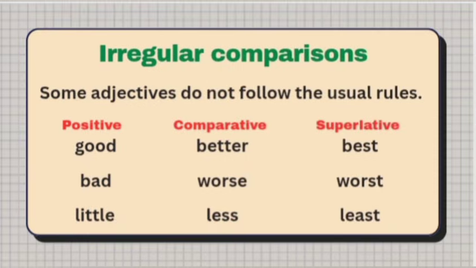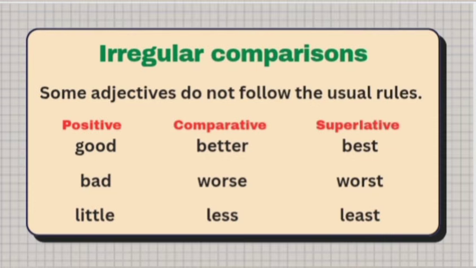Now, there are certain adjectives which do not follow these rules. They are exceptions. They are made differently without following these rules. And those types of adjectives are irregular adjectives or irregular comparisons. Some adjectives do not follow the usual rules. Here a few examples are given. There are many more.